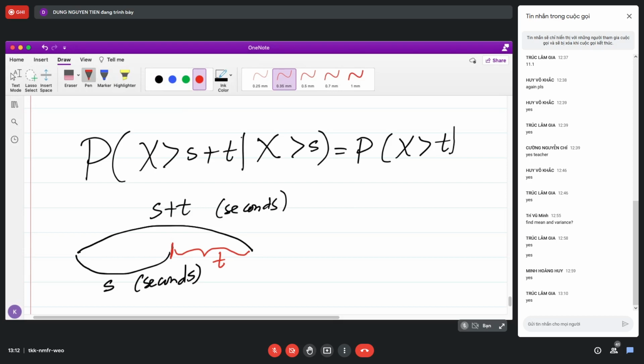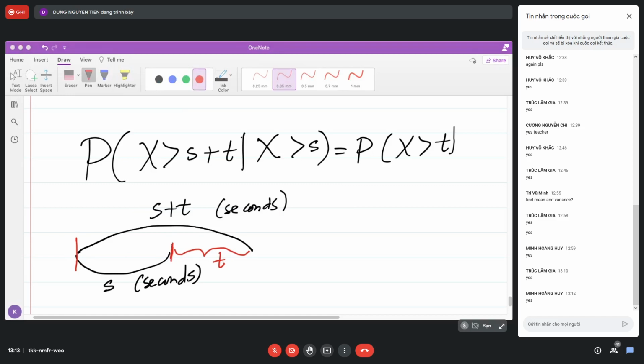Do you understand? Is that clear? Okay. If you have waited for s seconds, then the probability that you have to wait for at least s plus t seconds, counting from this time, is the same as the probability that you have to wait for at least t seconds, counting from this time. Okay. All right. That is the formula we get.